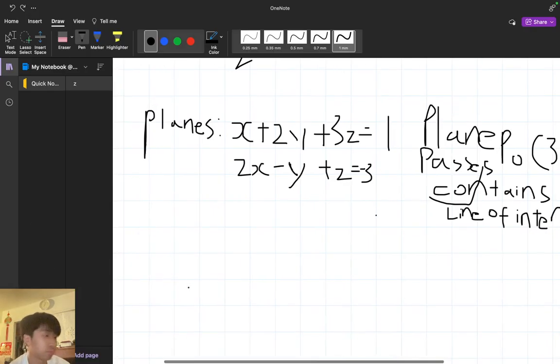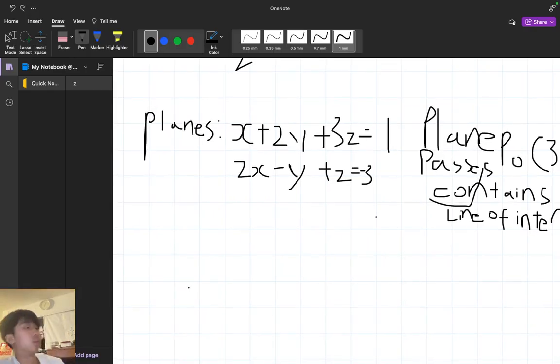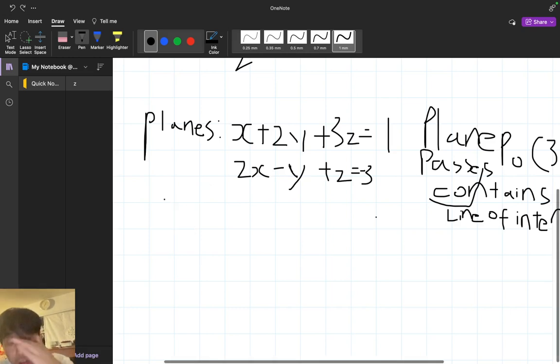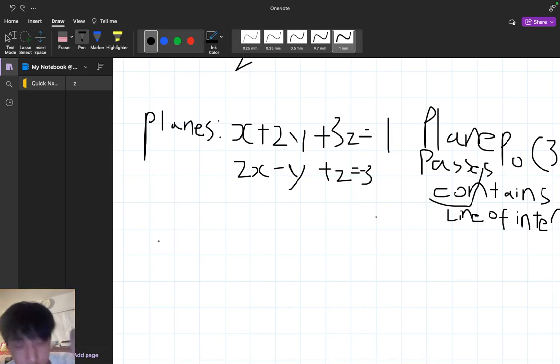So the line of intersection just requires the vector, like I said. We have to find the vector. So the vector would just be, like I said earlier, the cross product of these two perpendicular vectors.